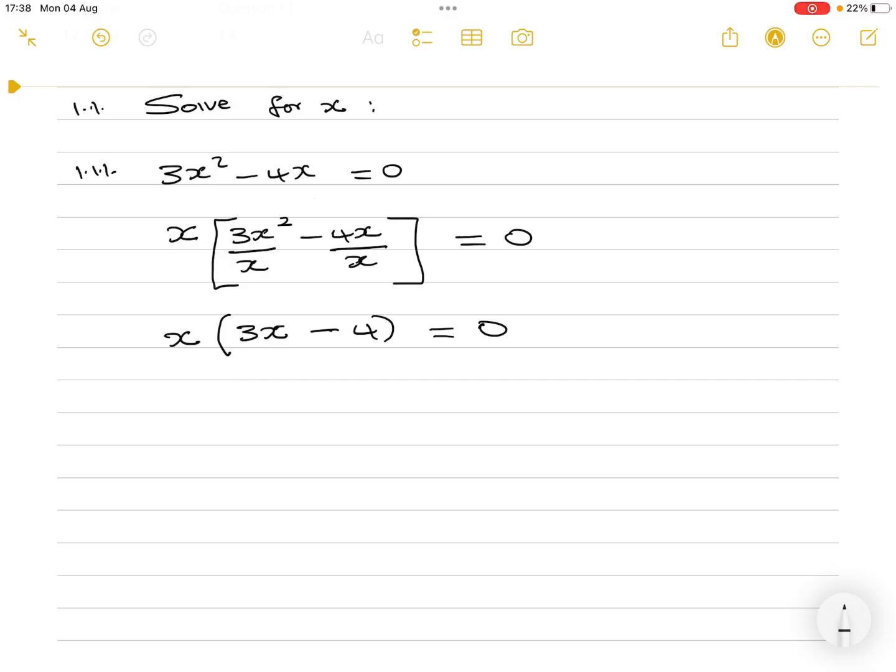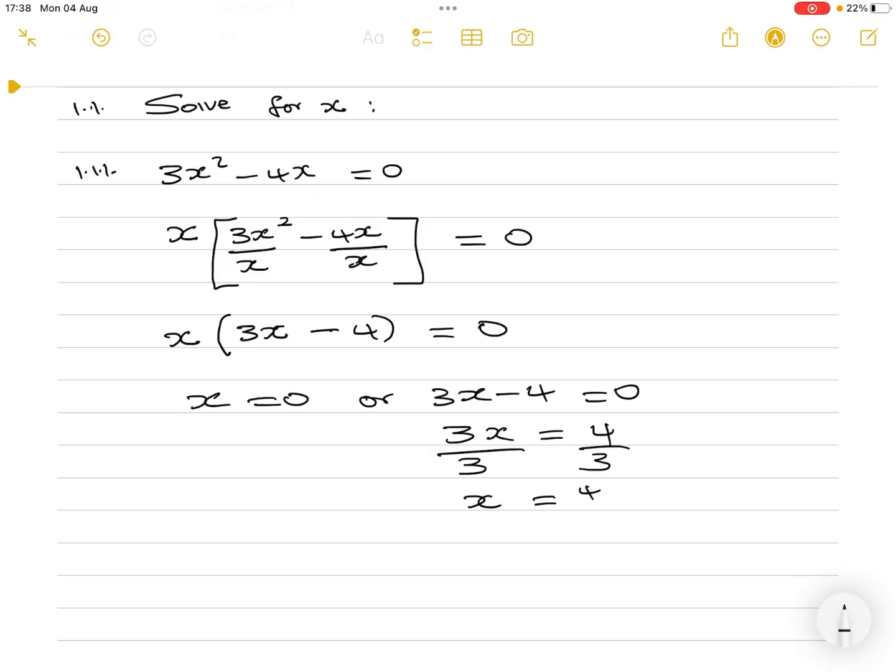This statement will be true if and only if x is equal to 0 or 3x minus 4 is equal to 0. We are required to solve for x here, so it will be 3x equal to 4, divide both sides by 3, then x is equal to 4 over 3.